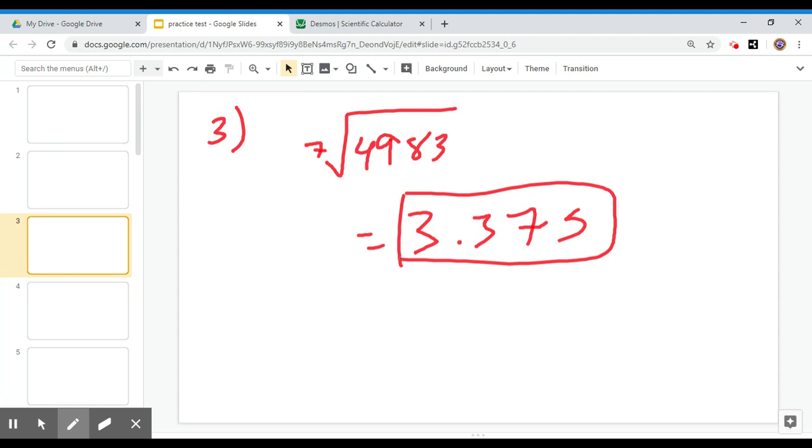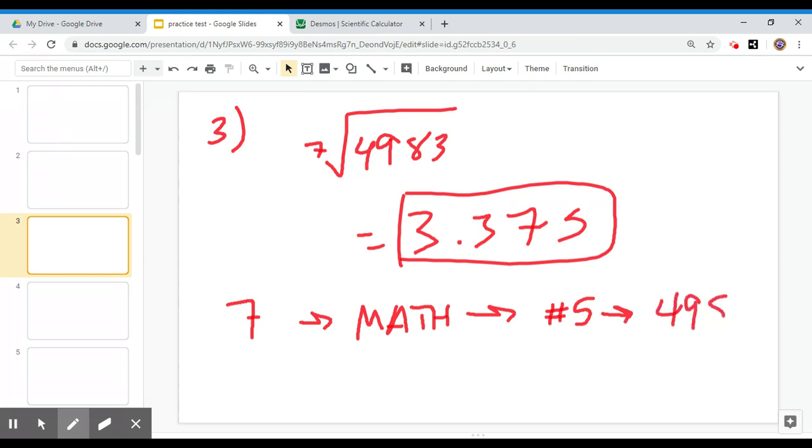You turn it on, you hit the number 7 first, and then the math button, and then you go down to number 5 on the list, and then you type in 4,983, and what you should see at that point is 7, 4,983, and then you hit enter, and that should give you your answer.